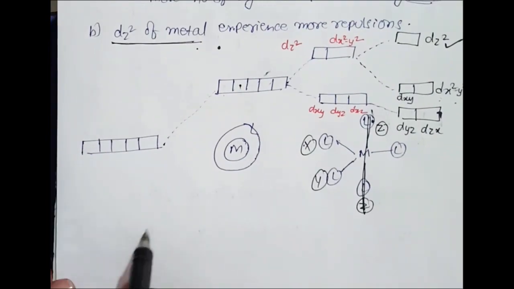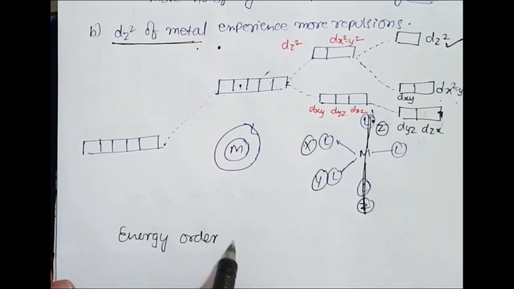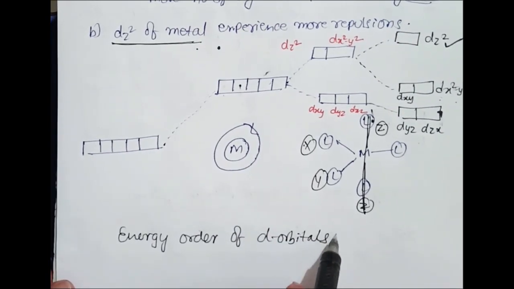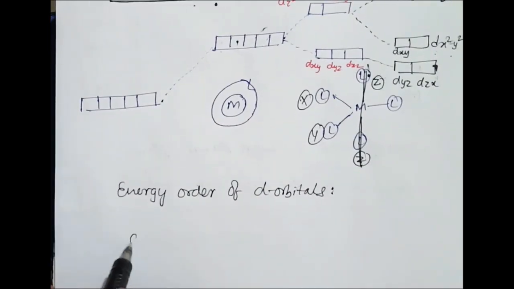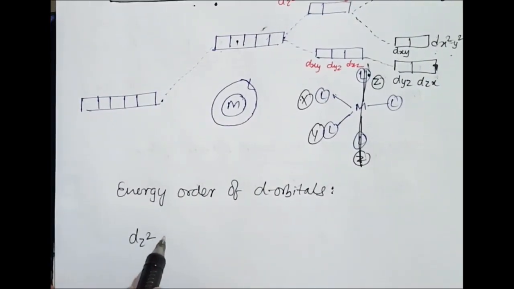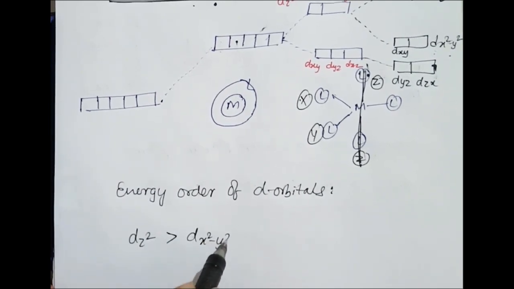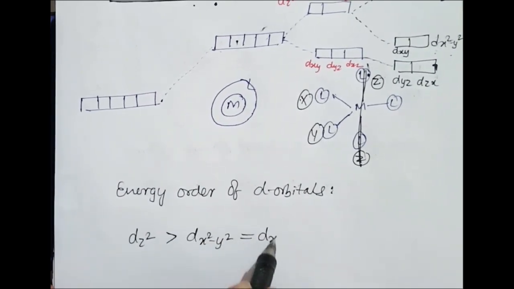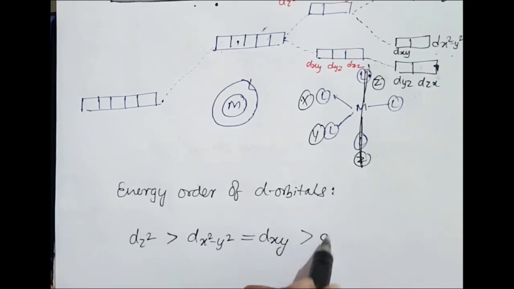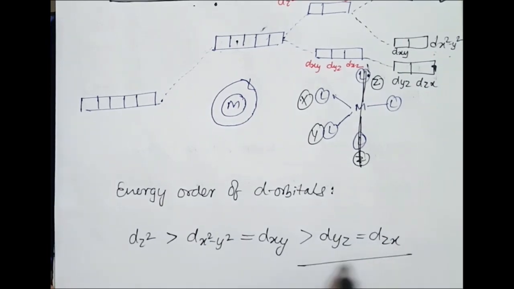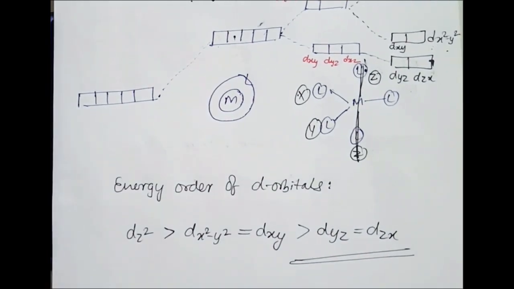So the energy order of d orbitals is dz square, which is much greater than dx square minus y square equal to dxy, then dyz equal to dzx. This is the splitting of d orbitals in trigonal bipyramidal system.